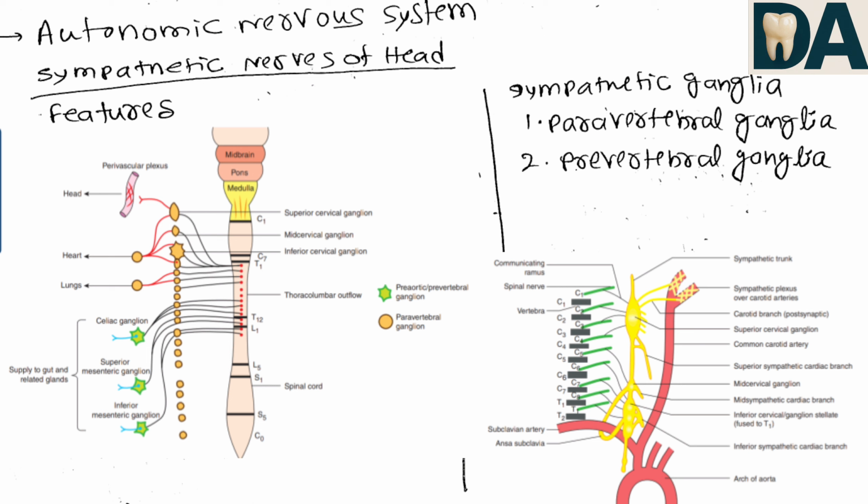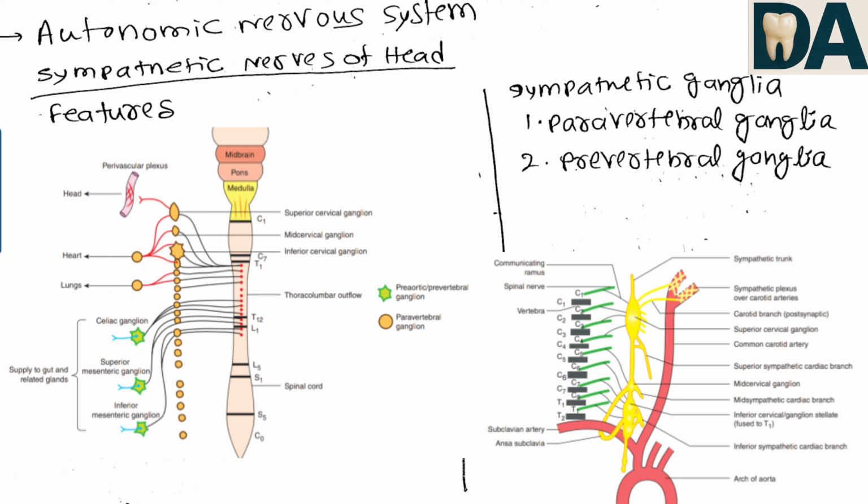Those are located on either side of the vertebra and are united to form the sympathetic chain or trunk. Normally 21 or 22 pairs of those ganglia constitute the sympathetic trunk and are found along the entire length of the vertebral column.